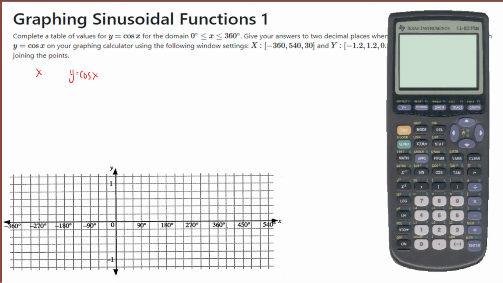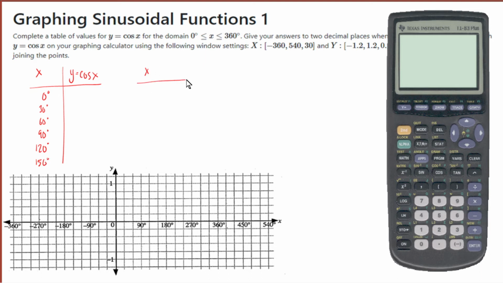So let's determine what values of x we're going to be using here. Let's use 0 degrees, 30 degrees, 60, 90, 120, 150, and I think we're going to do some more here.